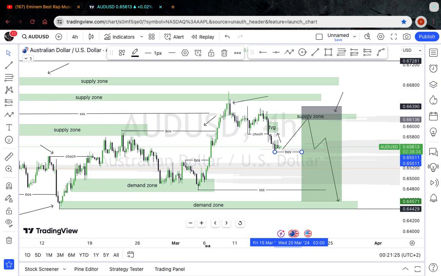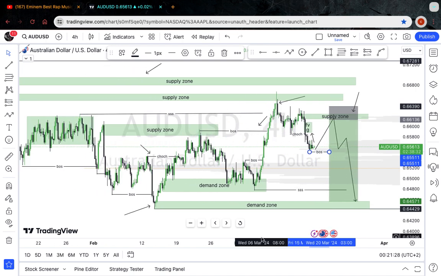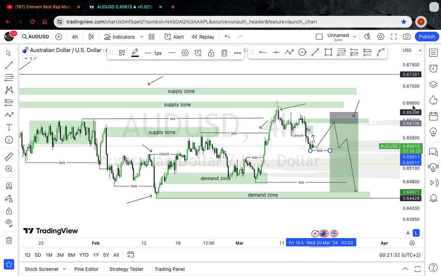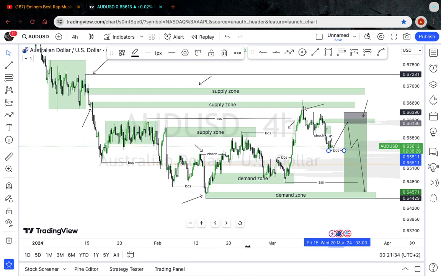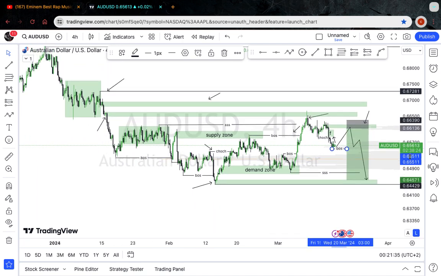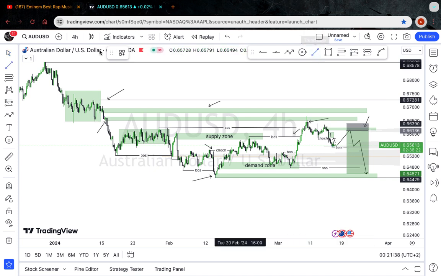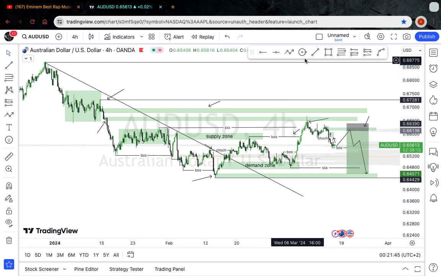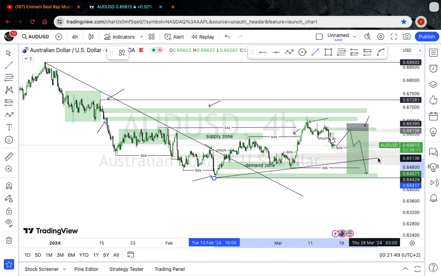So also, if you don't understand the setup, I can definitely help you with this. If you are using trend line analysis, you were having a downtrend here, and then from there, the trend started changing.